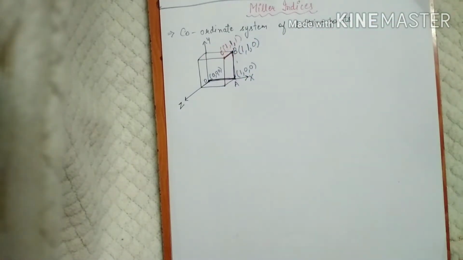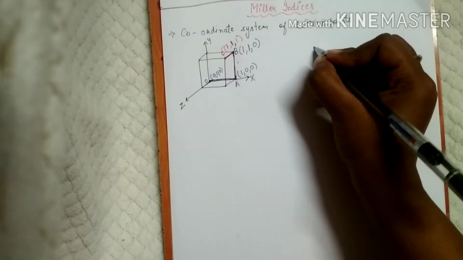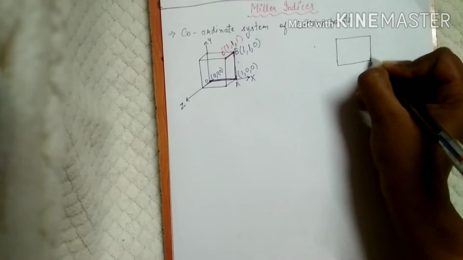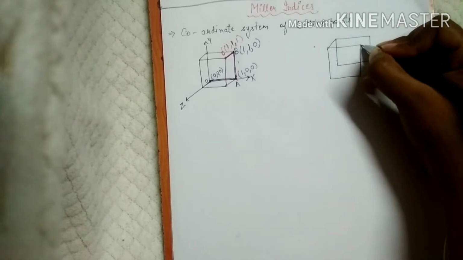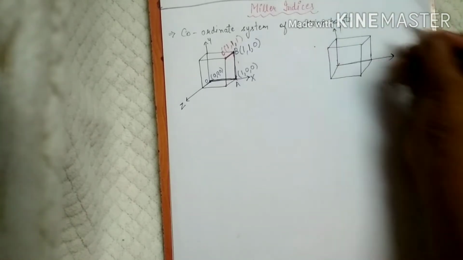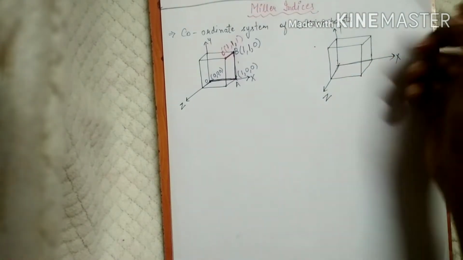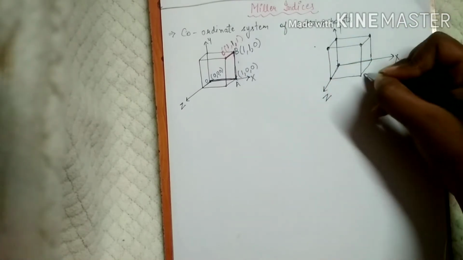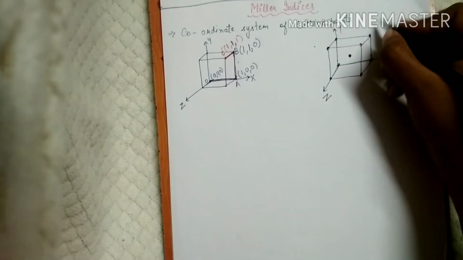Suppose I am taking one more example of a unit cell. Suppose I am taking the example of BCC. In BCC we know that the lattice points on the corners of this unit cell and the lattice point at the body center will be occupied.